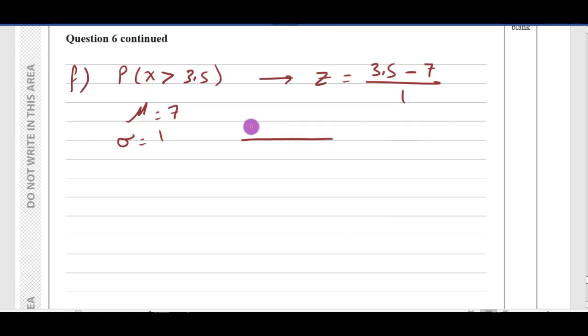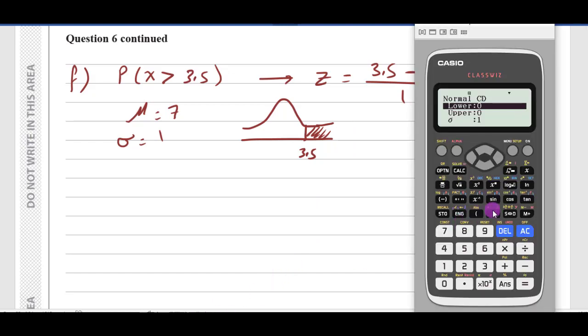Now I need the value bigger than 3.5. So let us now go to the calculator. The lower value is 3.5.